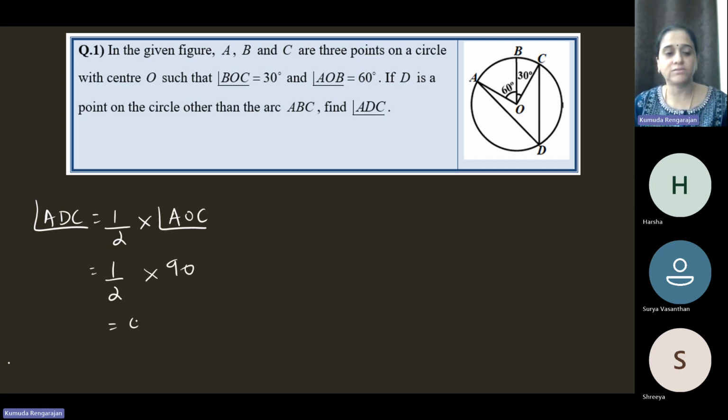So 45 degrees. Reason: angle subtended by an arc at the center is double the angle subtended by the same arc at any point on the remaining part of the circle. AC is the arc here.